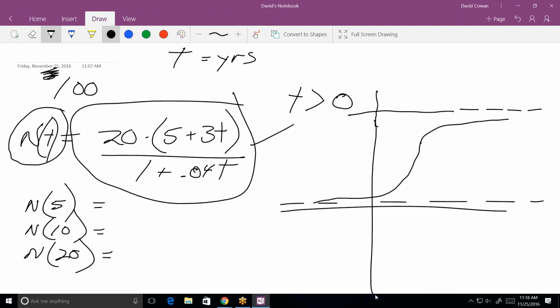Okay? So what you really want to know is what happens as t goes to infinity. That's time right there. This is N of t, the vertical curve. And so as t goes to infinity, what happens to this value? What does it approach?